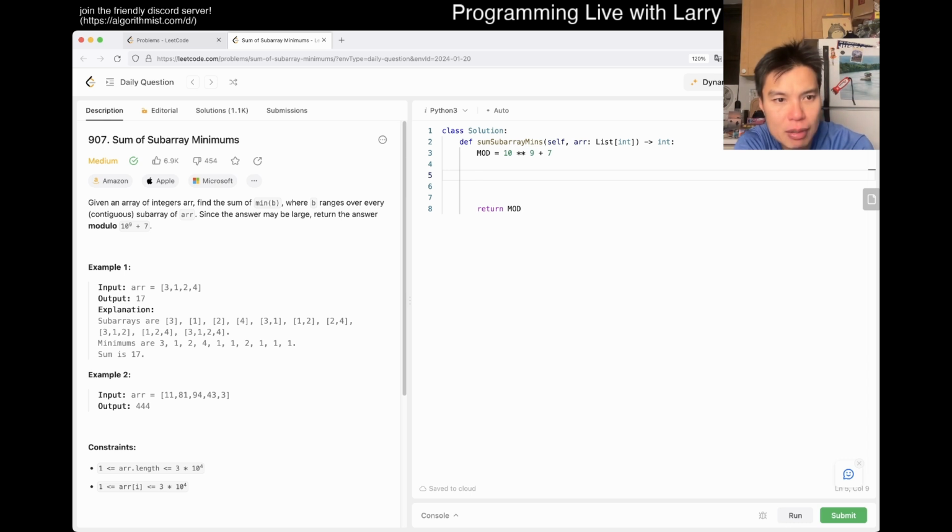So I think for this particular problem, it is important to be very precise with how you want to do it. Let's say the numbers are unique, right? Are they unique? No. Okay, but let's say the numbers are unique for now, so then we can play around with the idea. Then what are we trying to do? We're trying to look at every element and see how many arrays there are such that this is currently the smallest number.